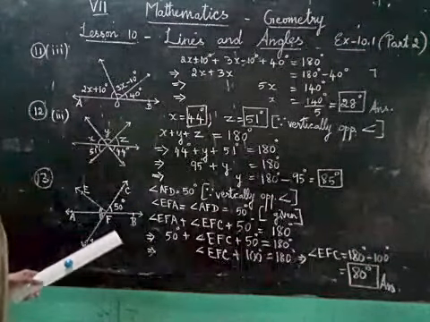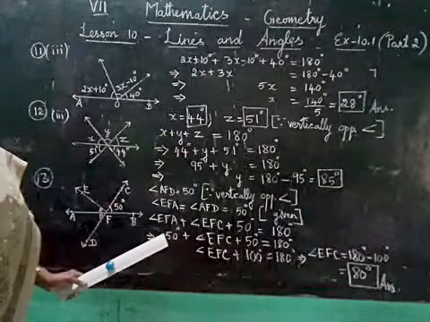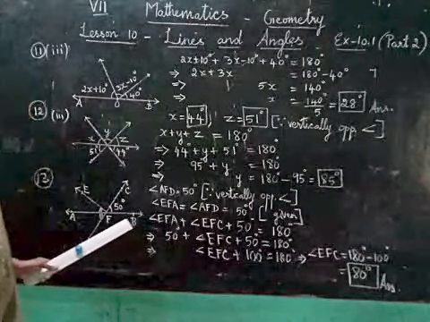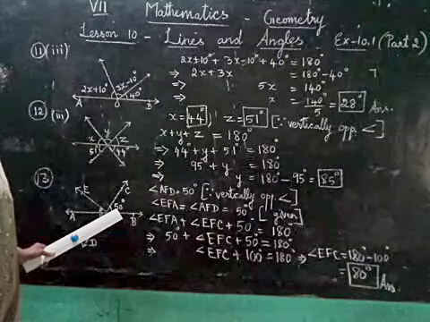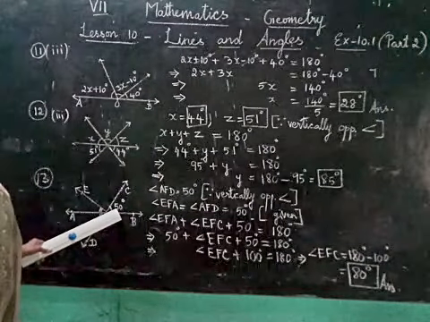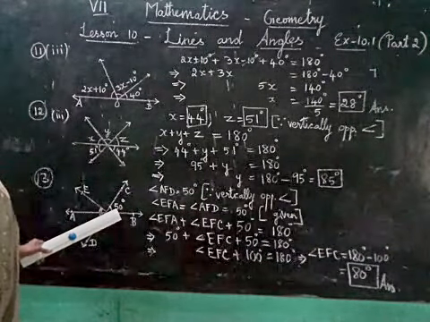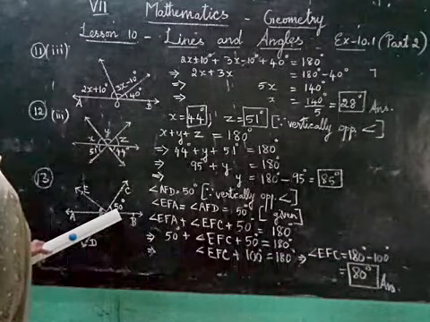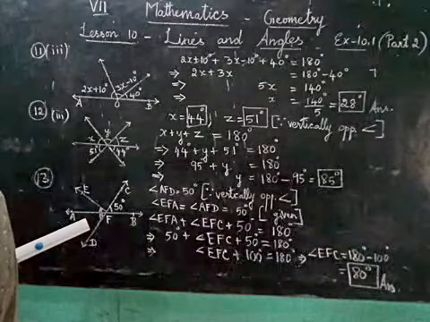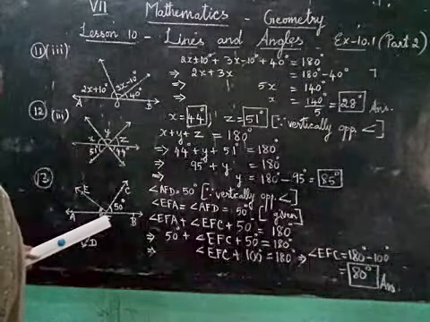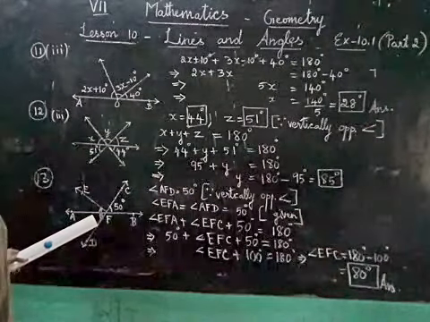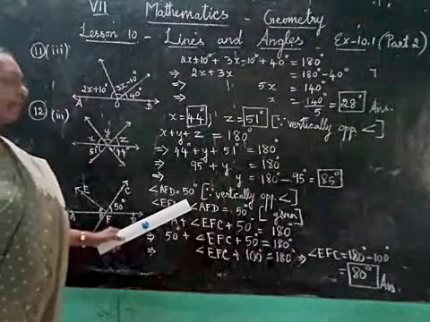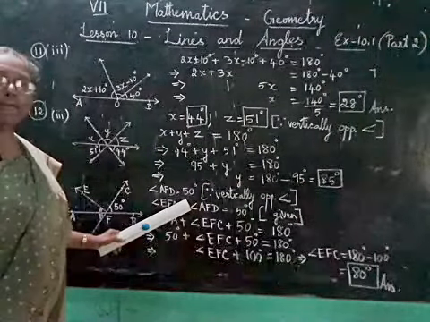With that we have to do. Now as I told you earlier, we will start with the known value. Known value is angle CFB is equal to 50 degrees. Now which one will be vertically opposite to that? That will be angle AFD. So angle AFD is equal to 50 degrees because it is vertically opposite to that angle.